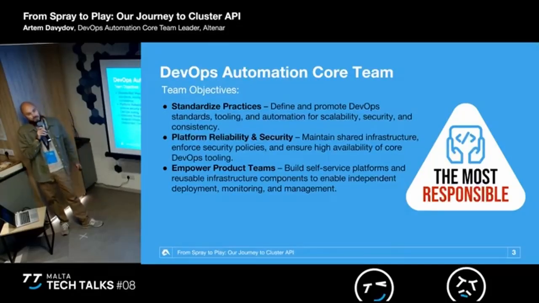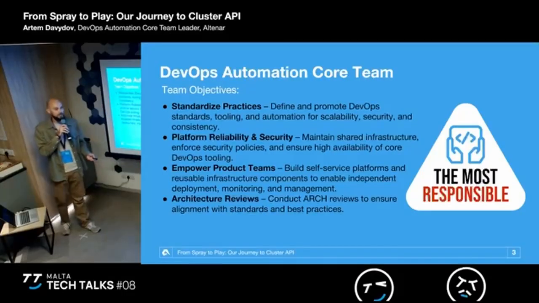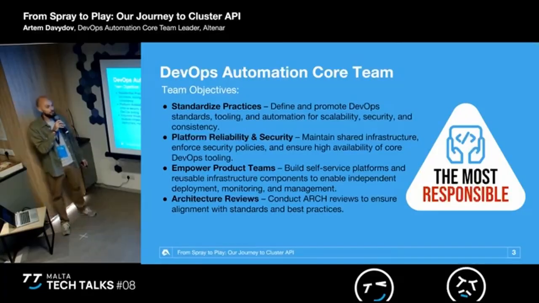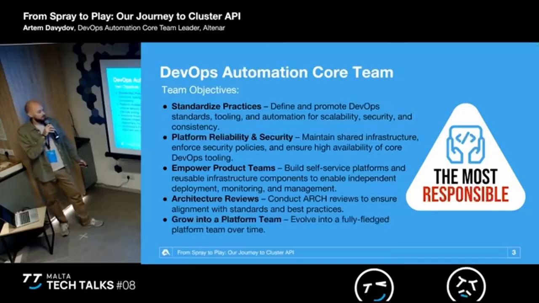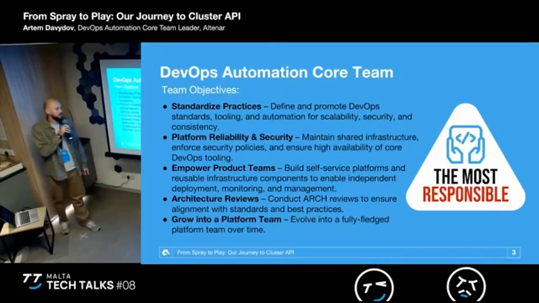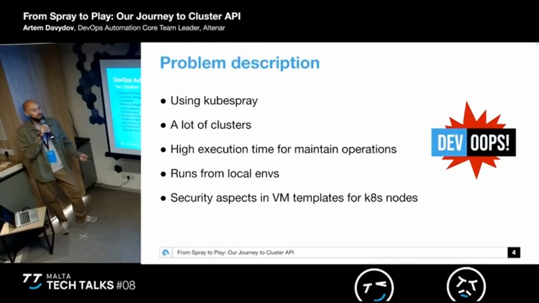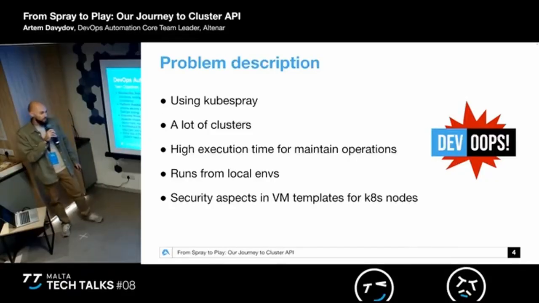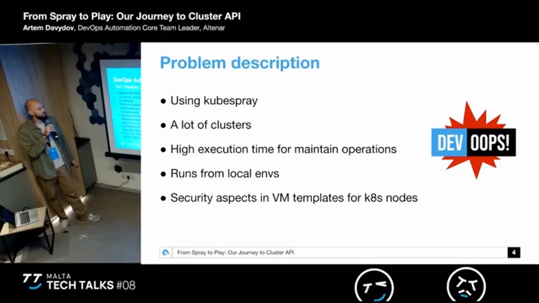Also, we build a self-service platform, create reusable infrastructure models and components. Also, we assist in ARC reviews to ensure alignment with standards and best practices. And also, I hope we will evolve into a fully fledged platform team.